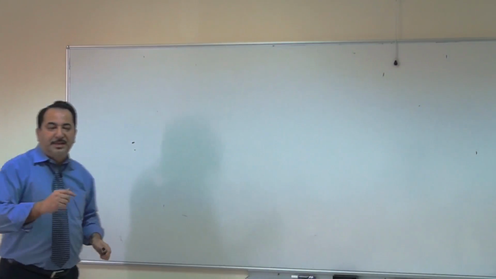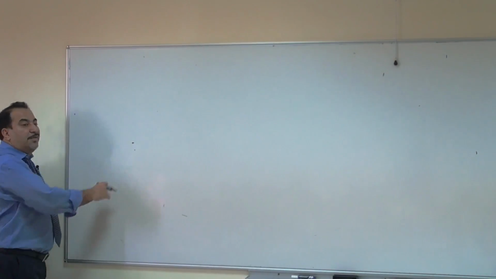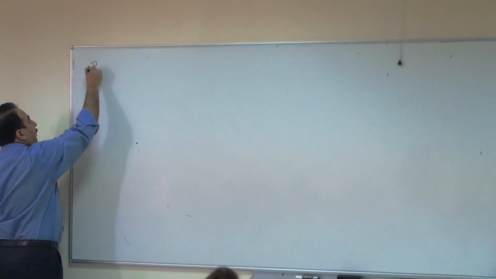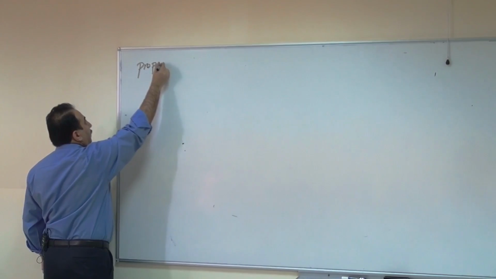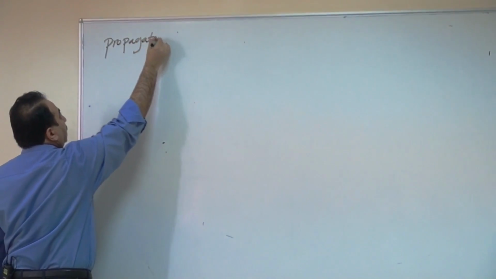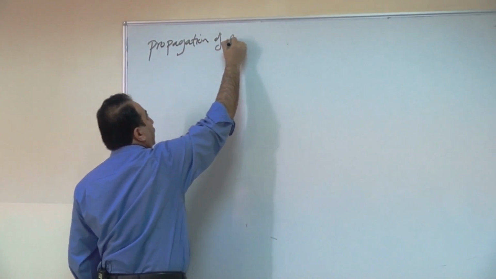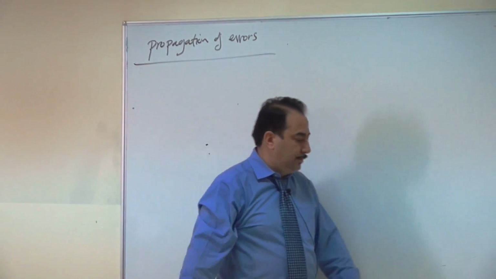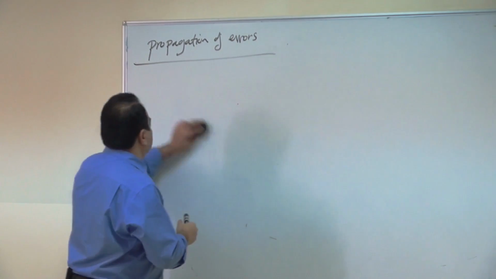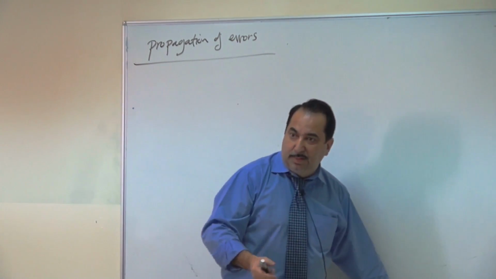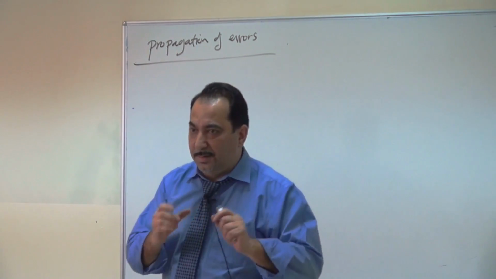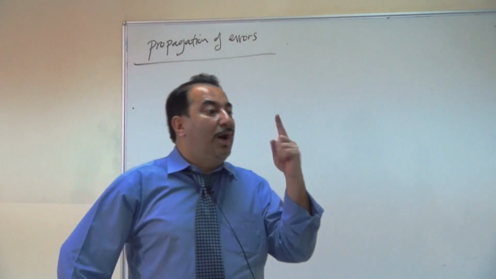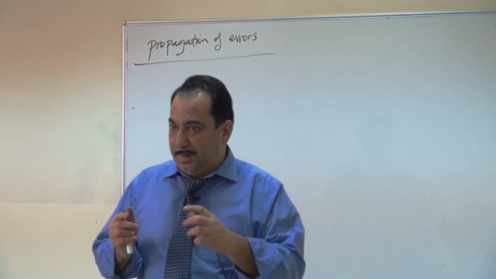Okay, so the title is now Propagation of Errors. We talked about errors. We said whatever you measure, there's an error. That's when you have one value and you have an error in it.